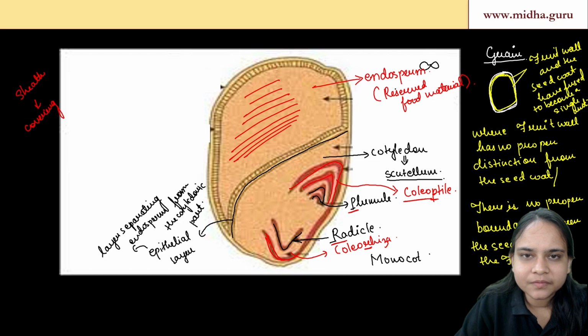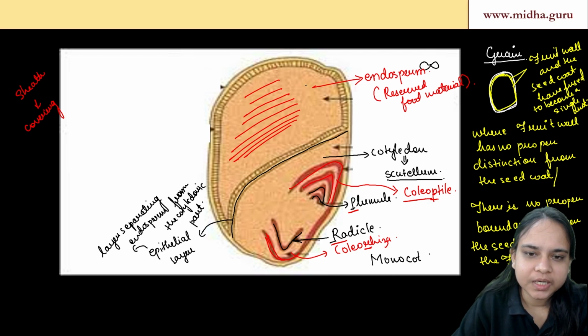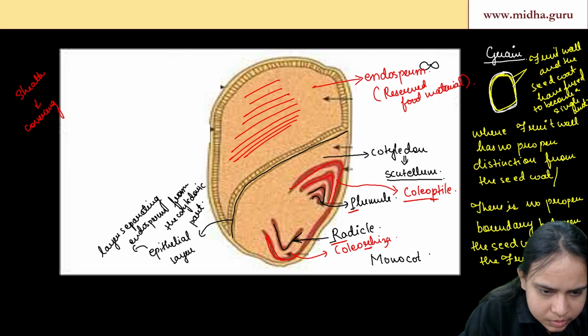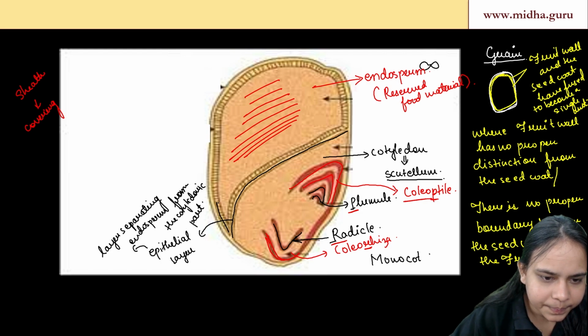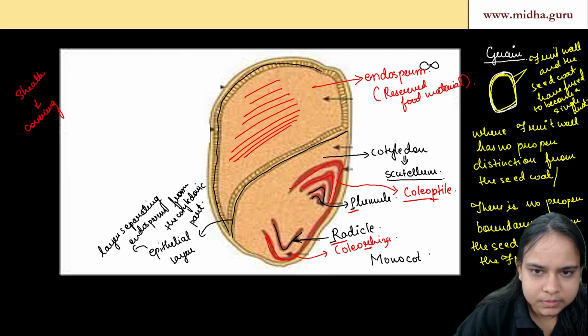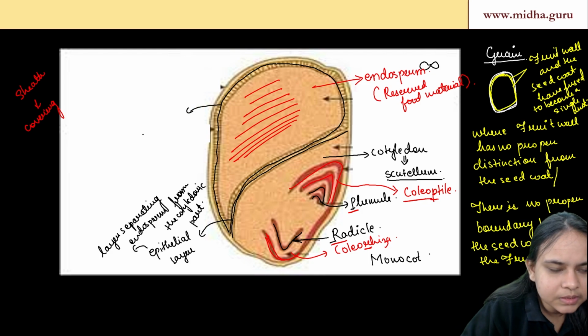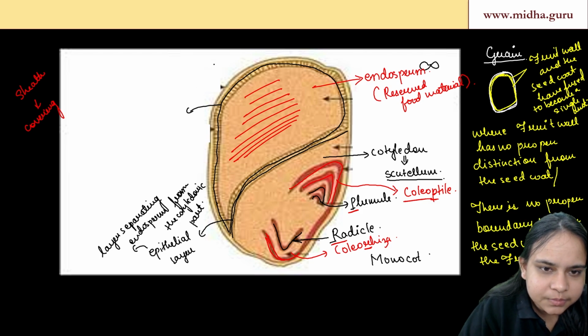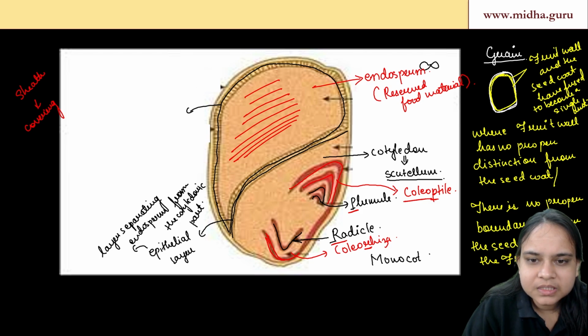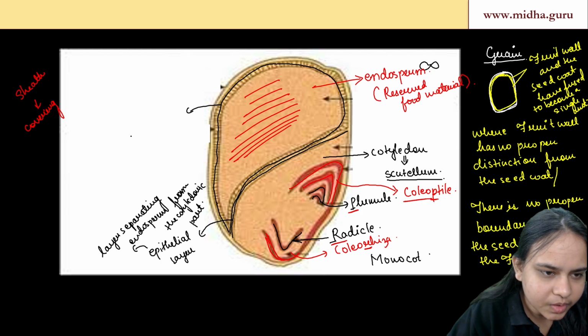Next, this endosperm is enveloped with a protein rich layer. If you see it carefully, this region, this layer which is covering the endosperm from outside, is rich in protein. This covering outside the endosperm we call the aleurone layer.